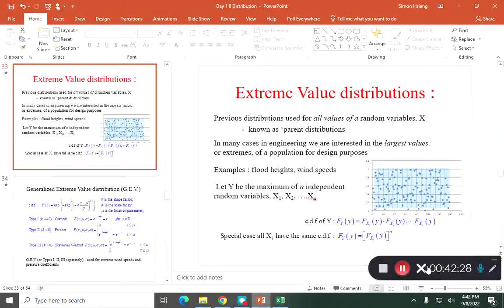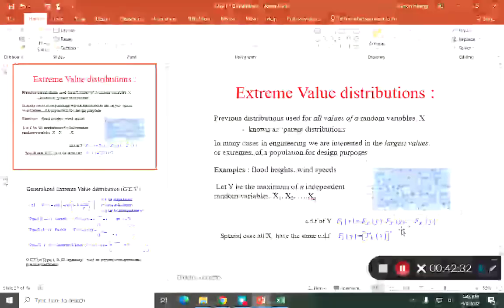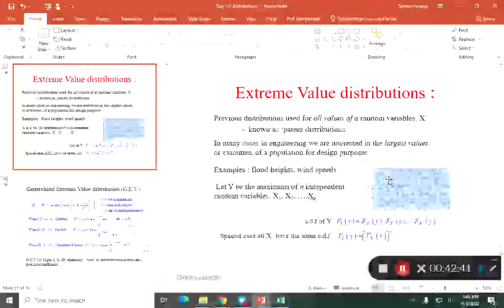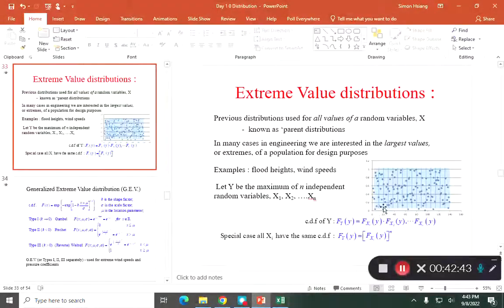Usually they have two different ways to do this for extreme value distribution. Say you have 100 years of flood record, or 100 years of earthquake record. The 100 years will be up, down, some big, some small, like this, right?